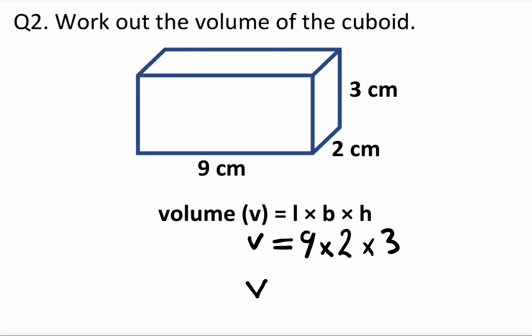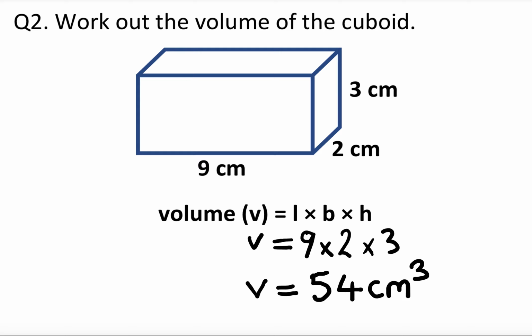So the volume will equal 2 times 9 is 18. 3 18s are 54, but it's not just 54, it's 54 centimeters, and because it's volume, it's cubed.